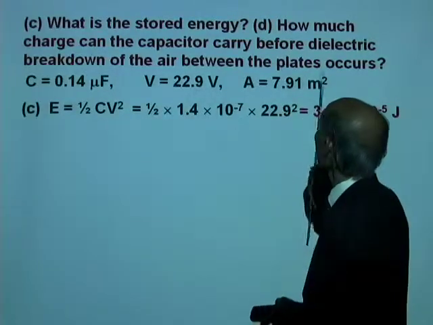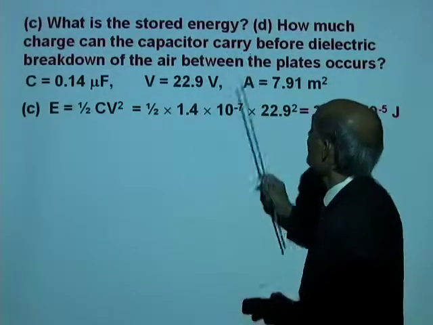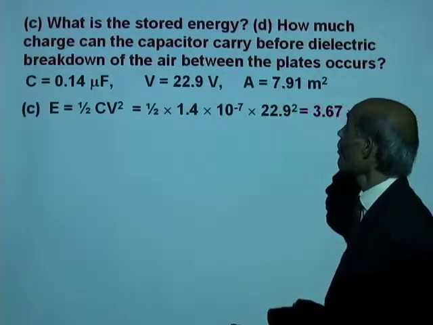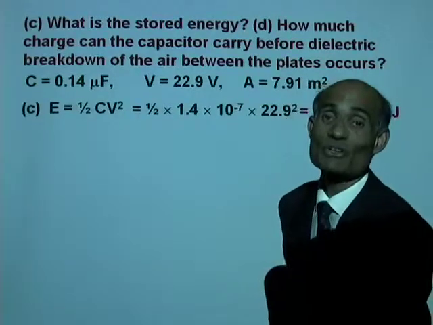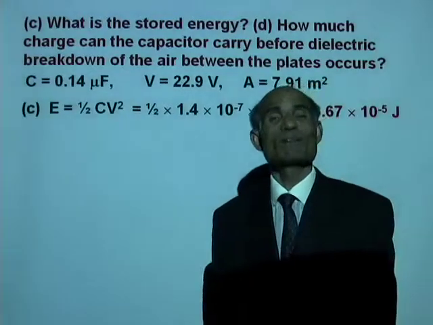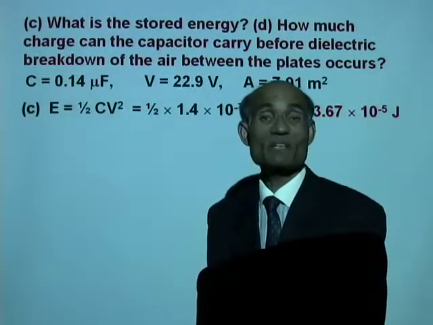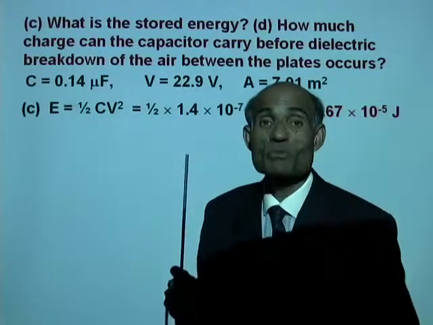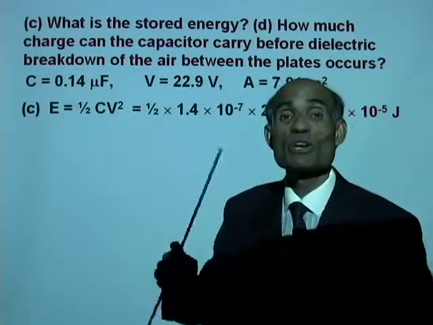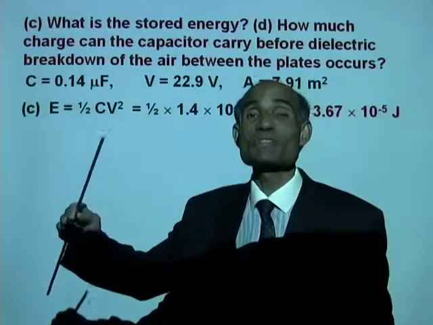And finally, what is it that we want to find? How much charge can the capacitor carry before dielectric breakdown between the plates occurs? Now, when will dielectric breakdown occur? Dielectric breakdown will occur if the electric field between the capacitor plates is greater than 3 times 10 to the 6.